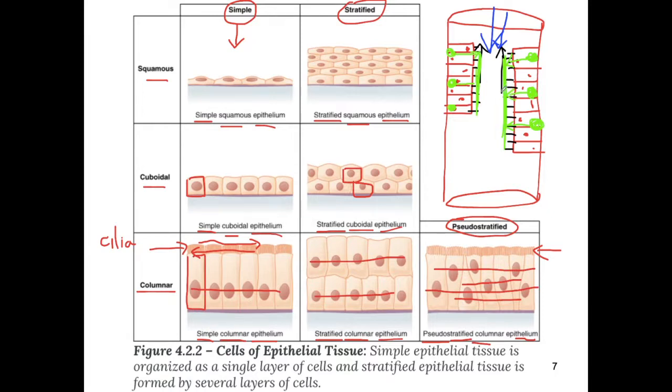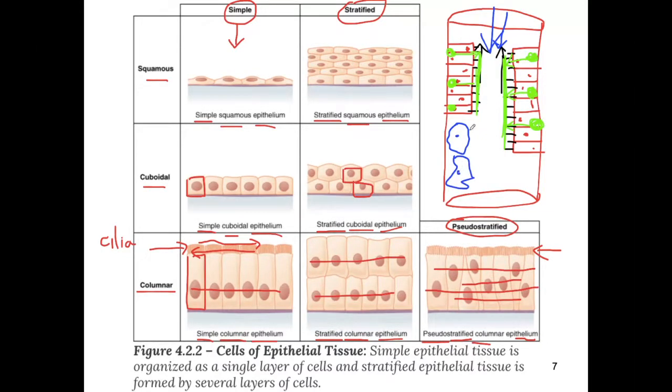So there are no longer cilia here beating rhythmically upward. There's nothing there for the mucus to stick to. And then what ends up happening is these pseudostratified ciliated columnar epithelial cells die off and end up becoming squamous cells.